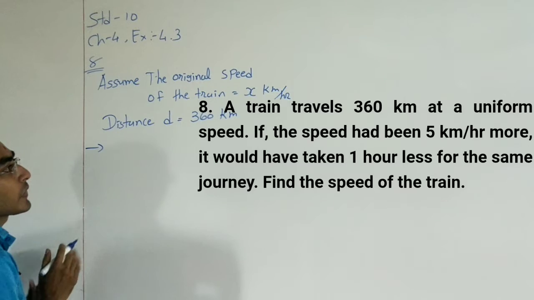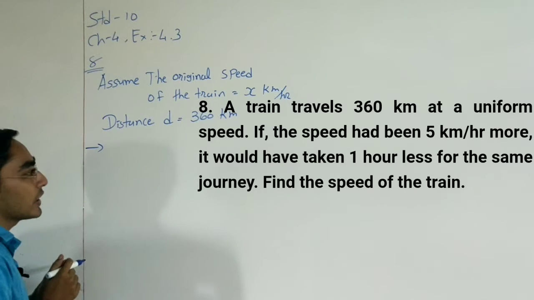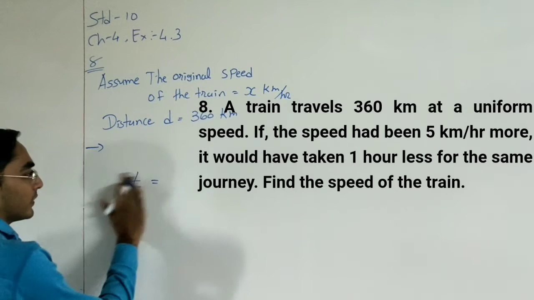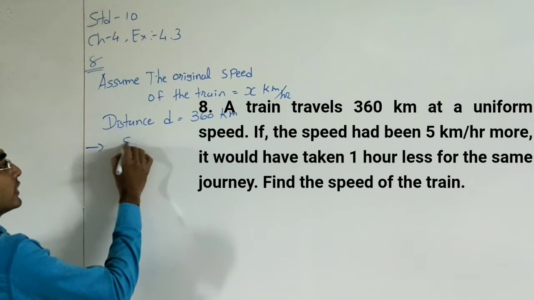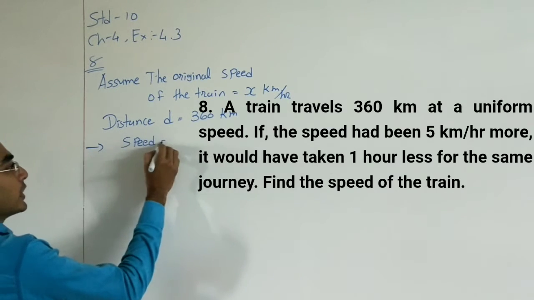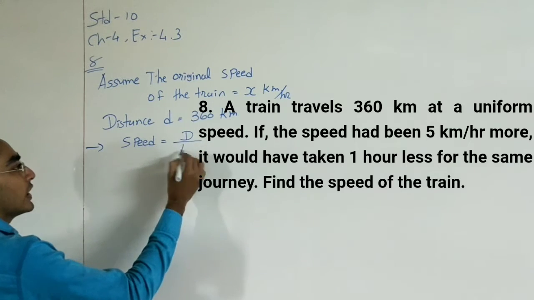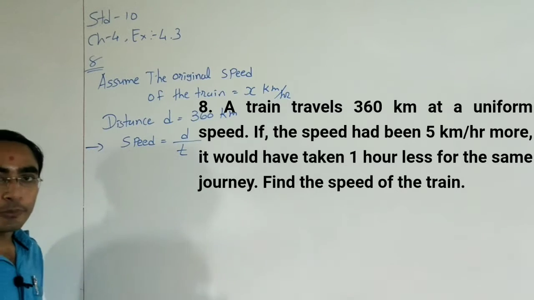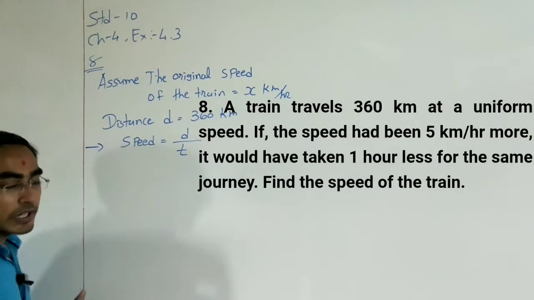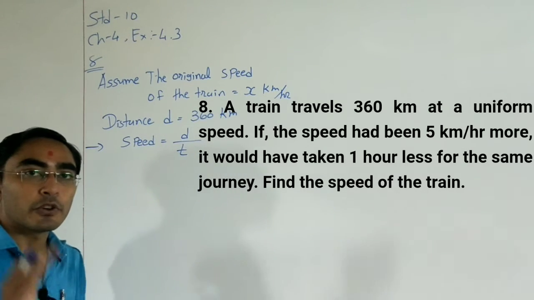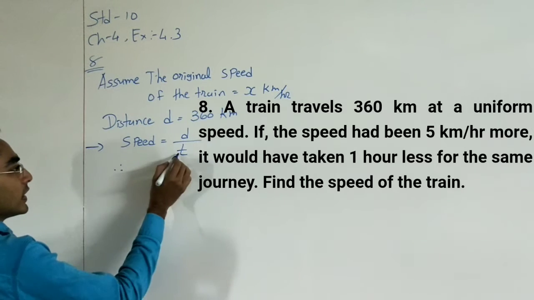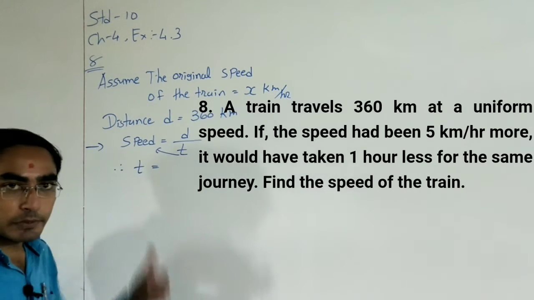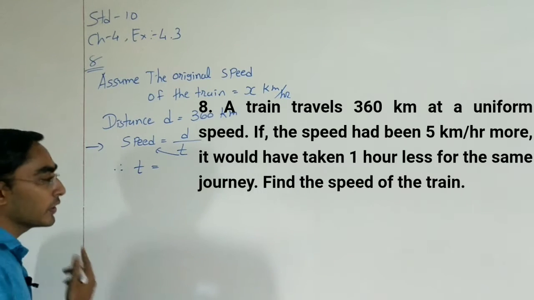First of all, before starting this, we need to know the formula of time. We know one formula: speed is equal to distance d divided by time t. So what is the formula for time? If we transfer this t to the left hand side, it goes to the numerator.